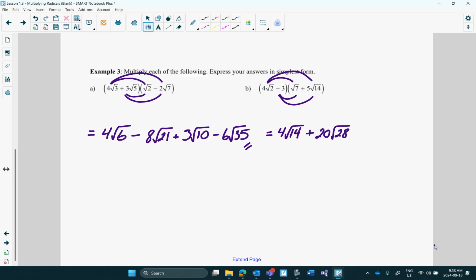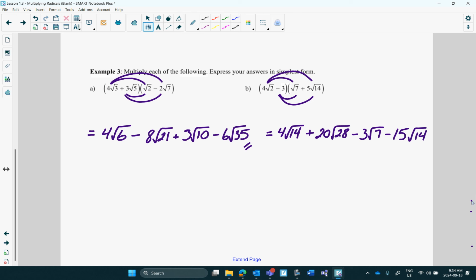That's one that's going to be simplified. Minus 3 times root 7. Well, that's just 3 root 7. Minus 3 times 5 root 14. 15 root 14.